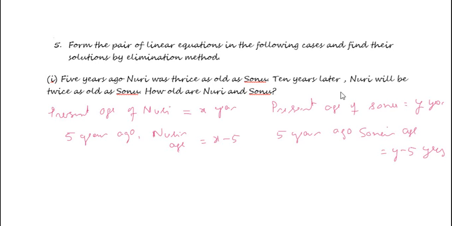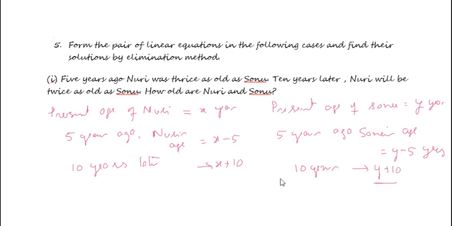Then it says 10 years later, Noori's age will be x plus 10 and Sonu's age will be y plus 10.